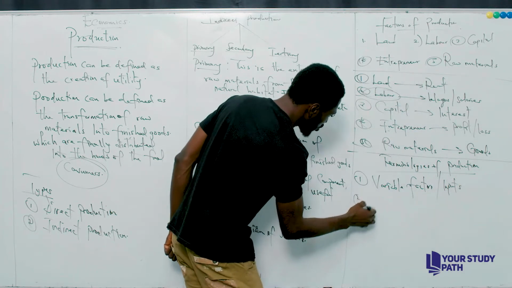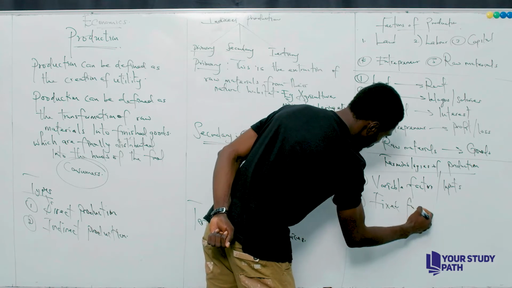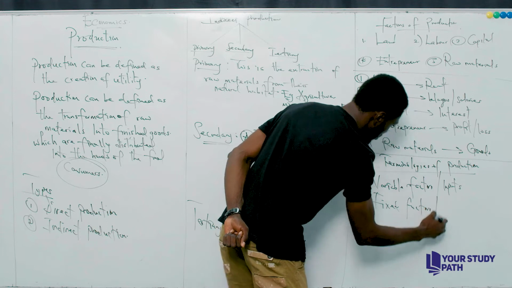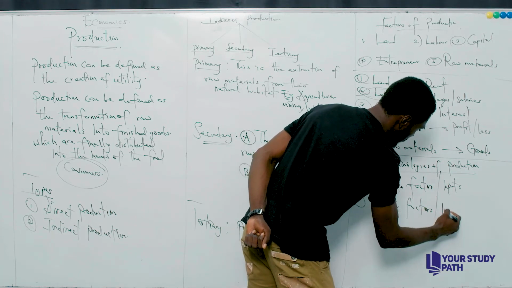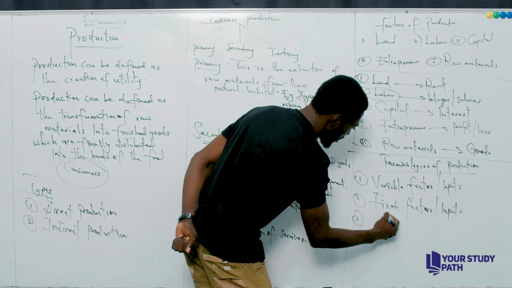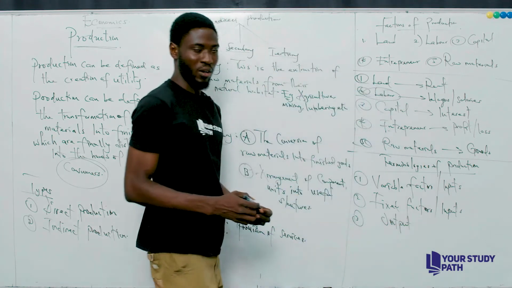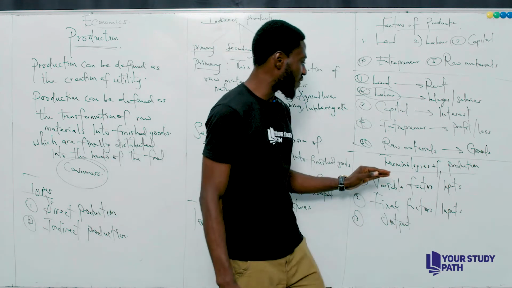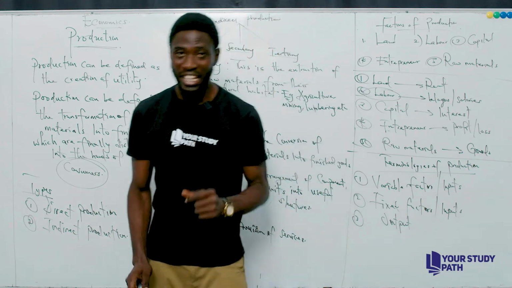Number 2, we have fixed factors, or we can call them input. Number 3, we have what you call the output. Now, taking a look at variable factors or variable input. Now, the first thing is, what are input?